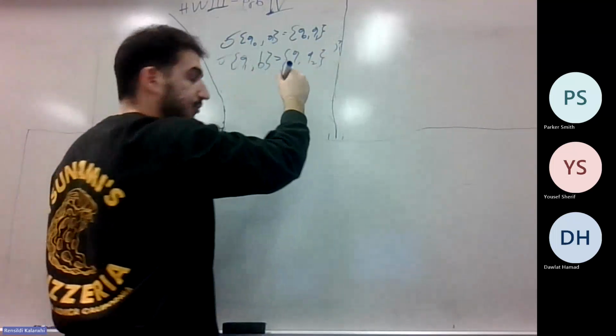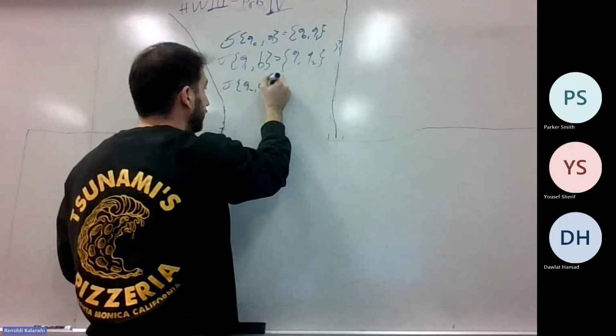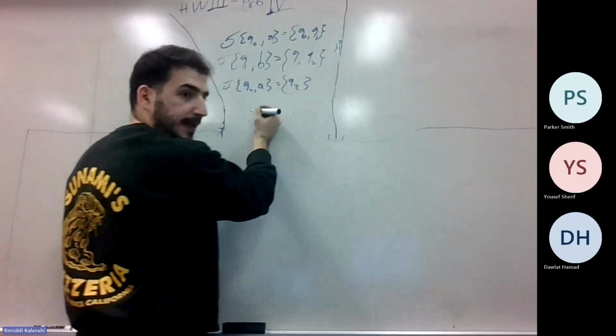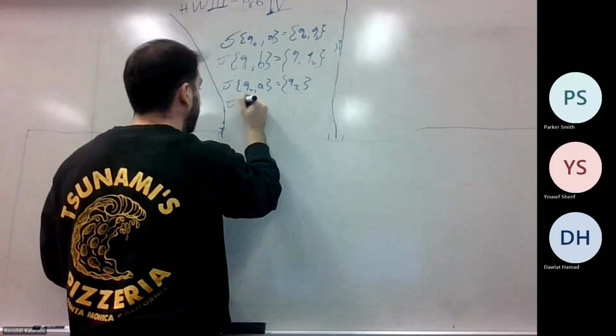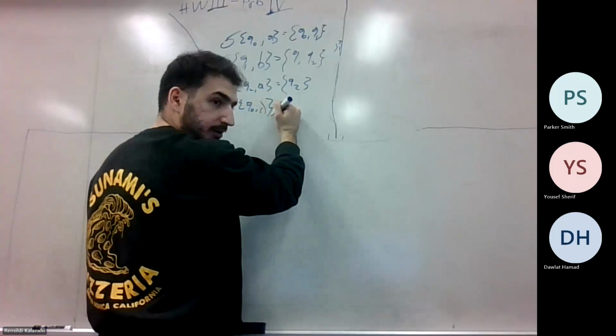And Q2 is pointing with A transition to Q2 itself. And Q0 has a lambda transition to Q2.